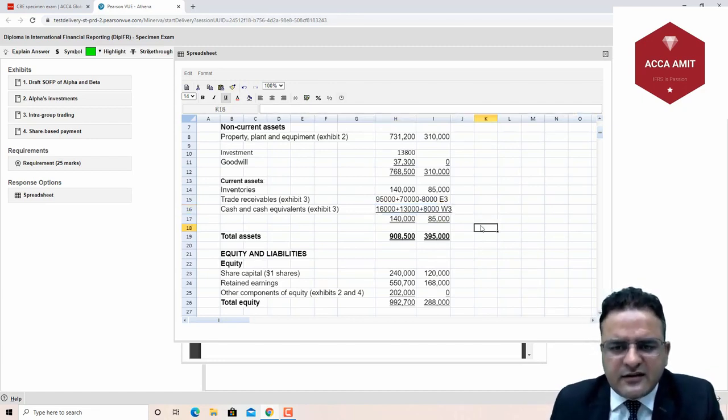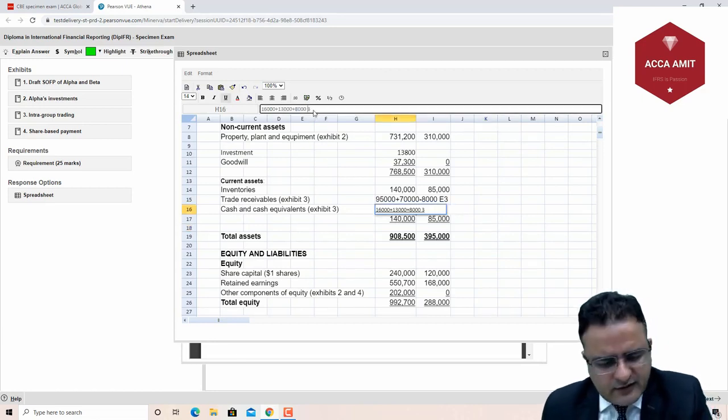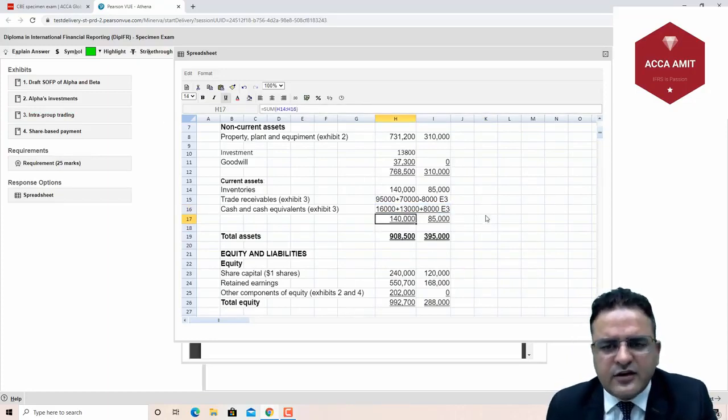So cash in transit is treated as if the cash has been received, and if cash has been received, we'll reduce the trade receivables and will assume as if cash has been received, so we'll increase the cash and cash equivalents. So this is exhibit 3, so I'm marking it here. This is the treatment for exhibit 3 for intragroup trading.